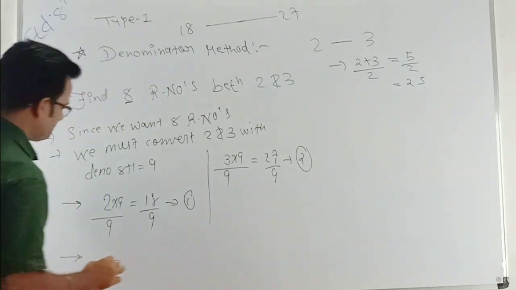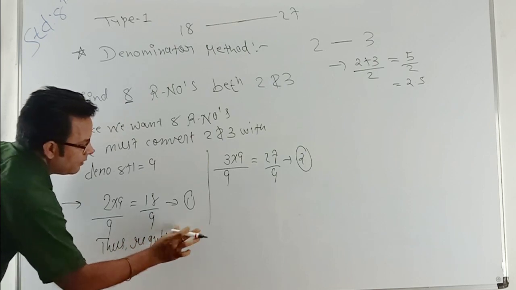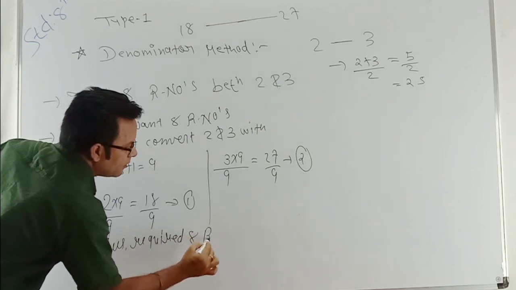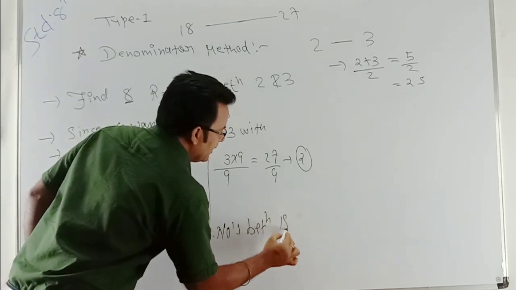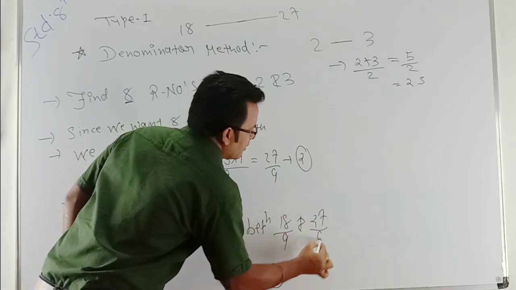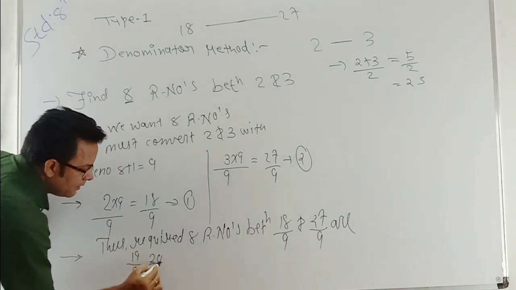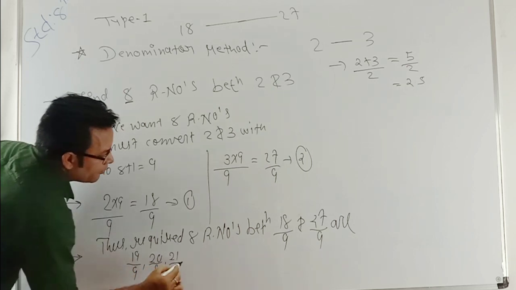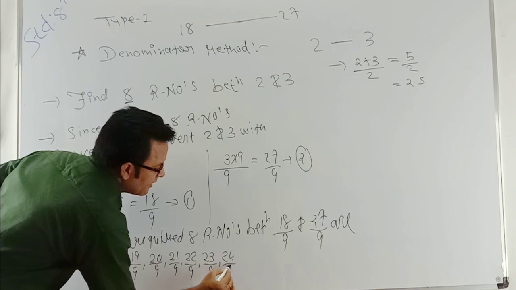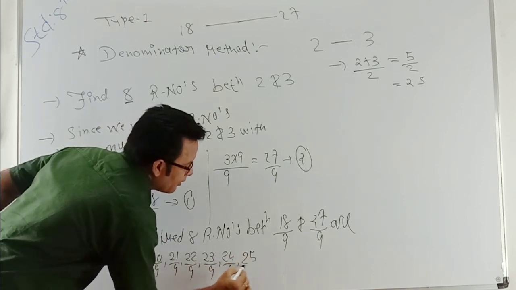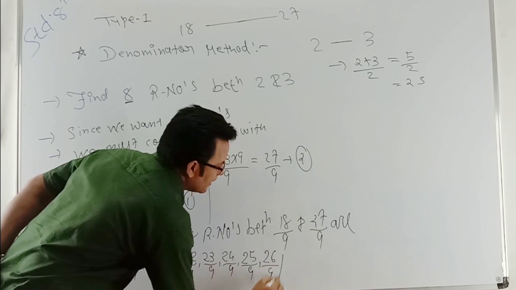Thus the required 8 rational numbers between 18 upon 9 and 27 upon 9 are 19 upon 9, 20 upon 9, 21 upon 9, 22 upon 9, 23 upon 9, 24 upon 9, 25 upon 9, and 26 upon 9.